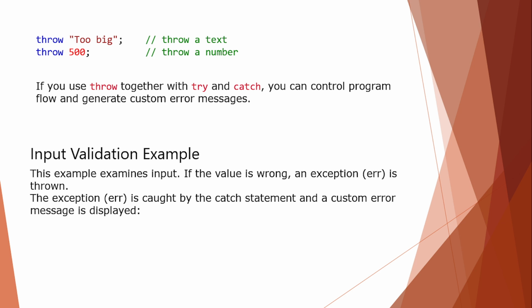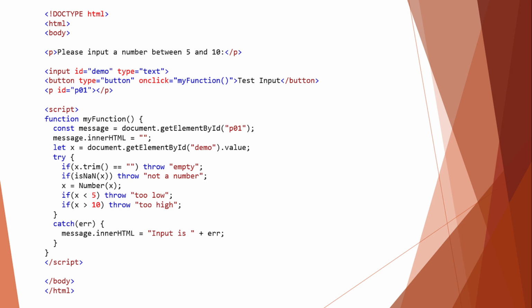Input validation example. This example examines input. If the value is wrong, an exception is thrown. The exception is caught by the catch statement, and the custom error message is displayed. For example, here we can see the example.